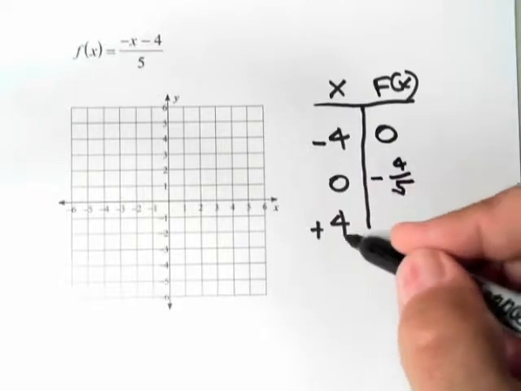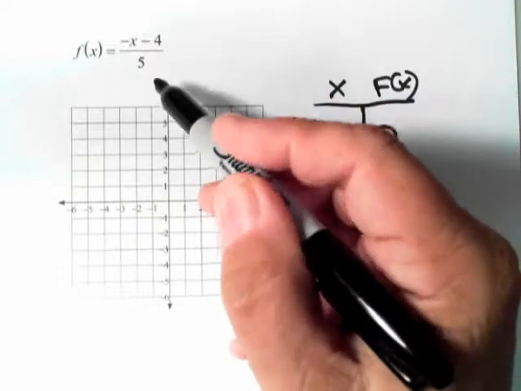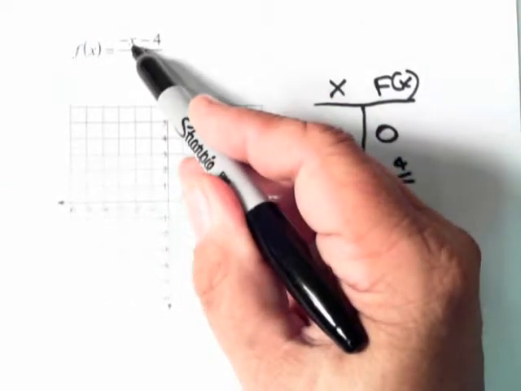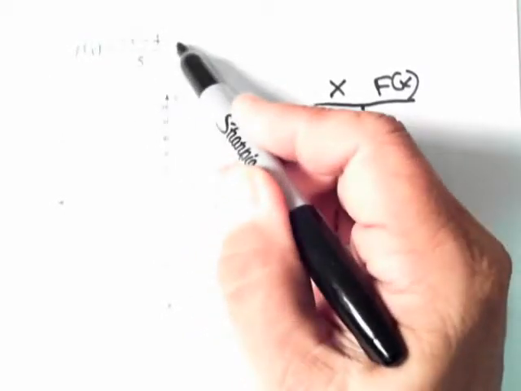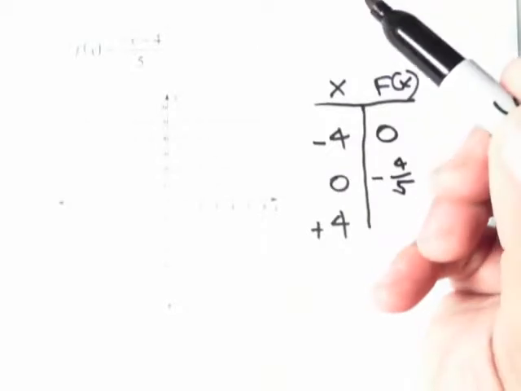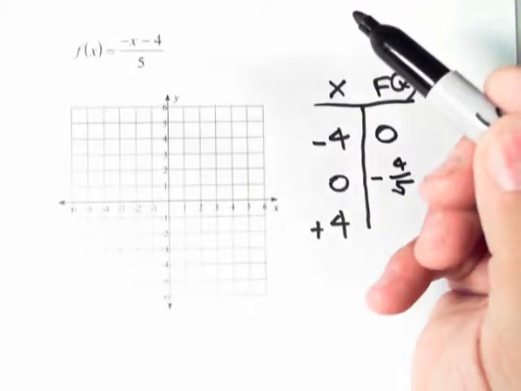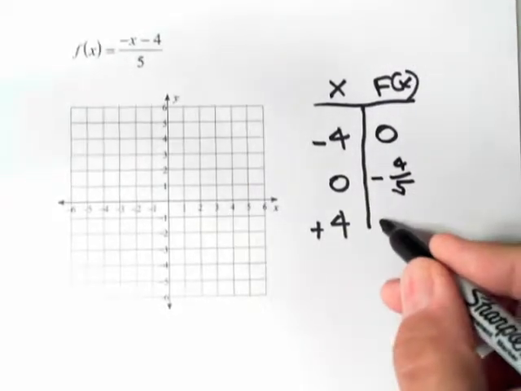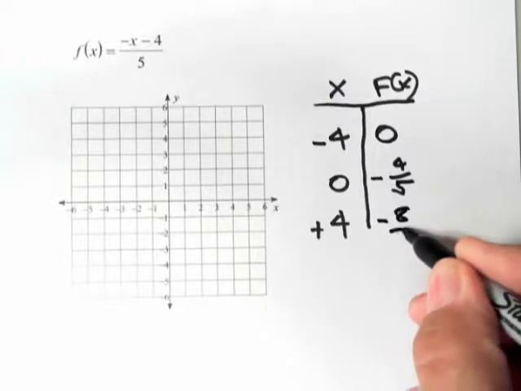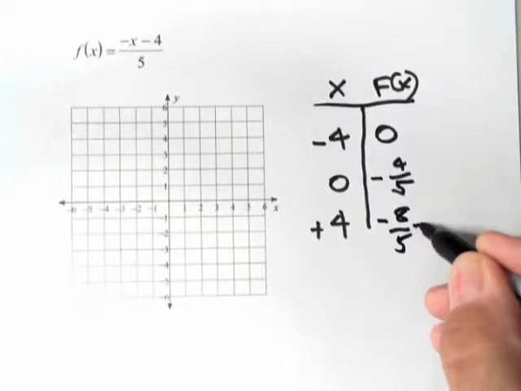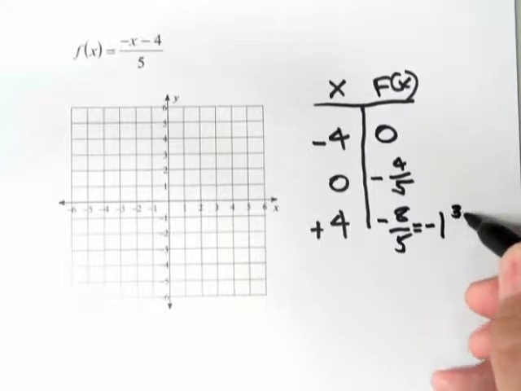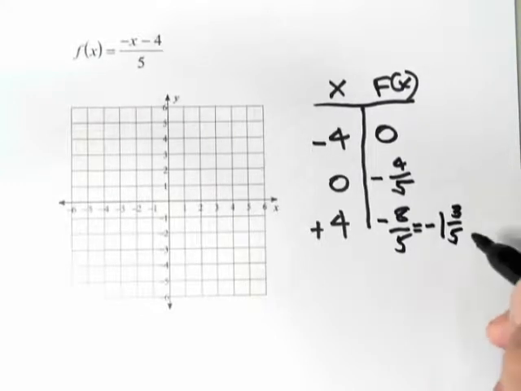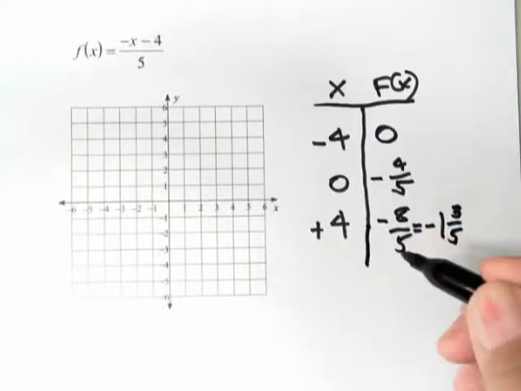And then the guy on the end here, the +4, well, if I put +4 into x, the minus will make it -4. -4 minus another 4 is -8. So -8 over 5. And to graph this, it'd be easier to write it as a mixed number, -1 and 3/5. Okay, so there we go.